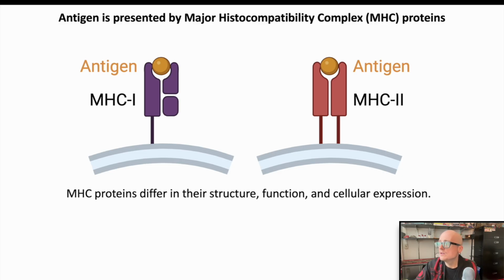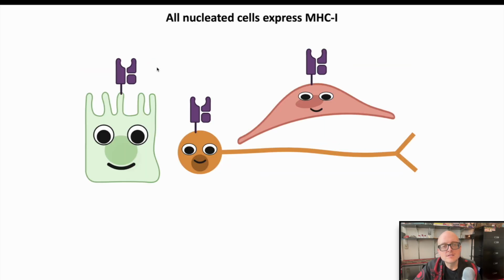So what cells express MHC, and how does that influence the way that different types of cells can activate different types of T cells? Well, something very important to know is that all nucleated cells, in fact, express MHC class 1, which is shown here as this molecule designated in purple. What I'm getting across with these different cell types, an epithelial cell, a neuron, a muscle cell, is that they all express MHC class 1.